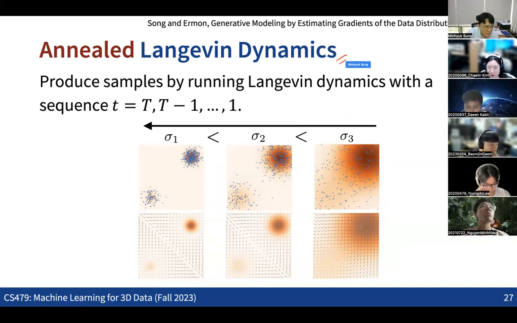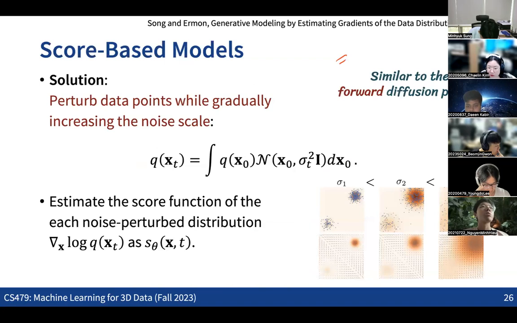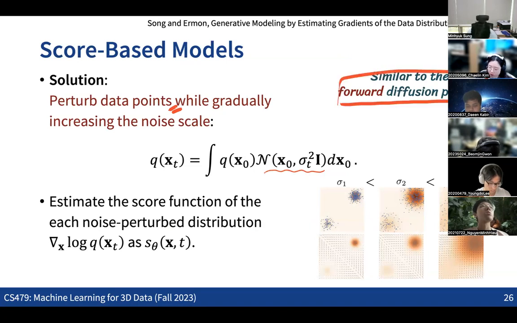And you can see that the idea of gradually perturbing all the data points while controlling the scale of the noise is exactly the same as the forward diffusion process.